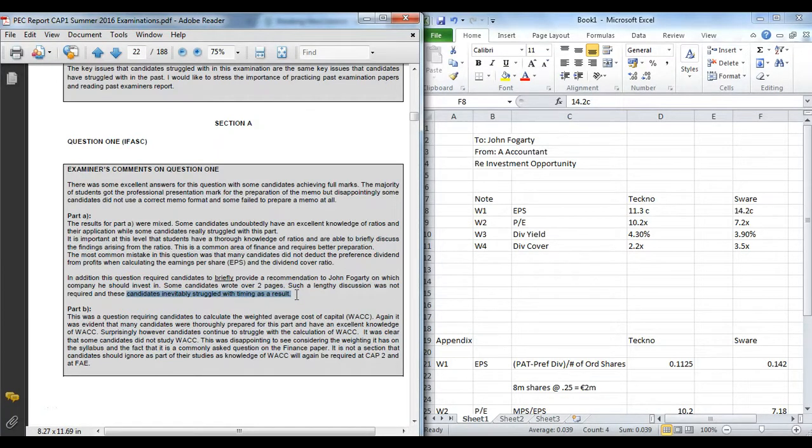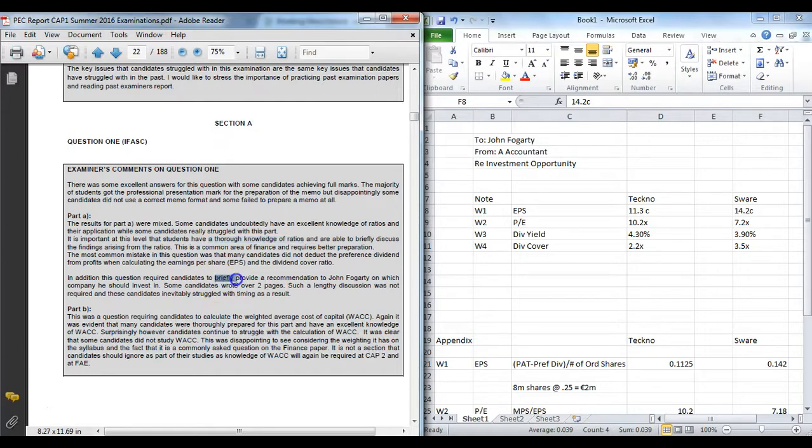So again, you can see here, it's very important that you read the examiner feedback each year. Key things were there. Some students did not know ratios, even though it's a very common area, and the examiner has clearly said it requires better preparation. So you need to have a thorough knowledge of ratios, and also more importantly, from a broader exam technique perspective, you need to be careful of not overwriting in terms of narrative parts.